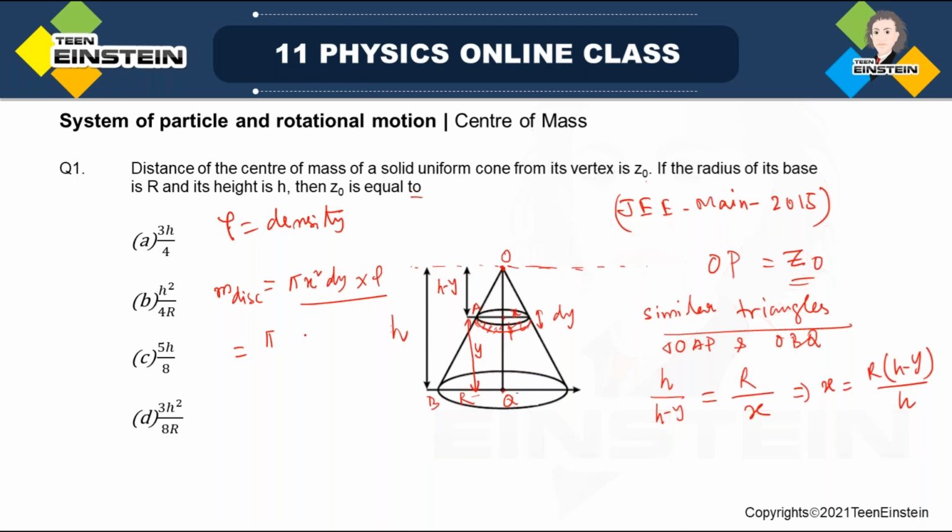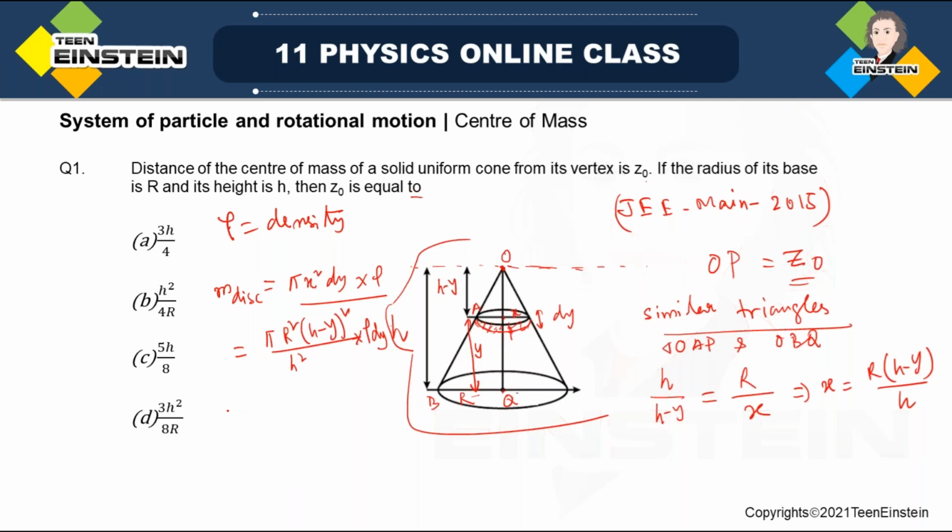Pi x square means R square (h minus y) whole square divided by h square, and along with that rho will be multiplied. So pi rho R square into (h minus y) whole square divided by h square, and obviously dy will also be there.